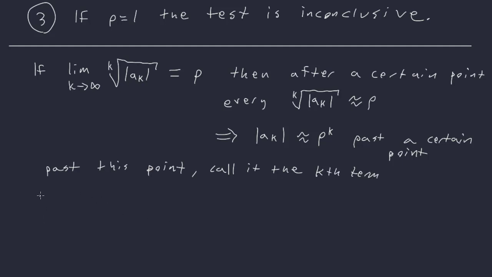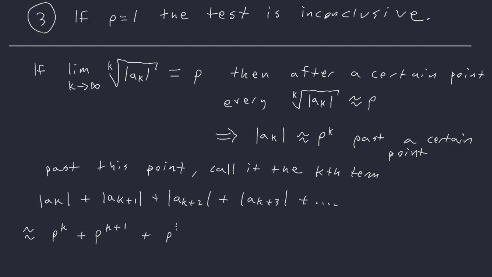We'll have that the absolute value of a sub K plus the absolute value of a sub K plus 1 plus the absolute value of a sub K plus 2 plus the absolute value of a sub K plus 3, on and on and on. Each one of those is approximately, well, from here, rho to the K. So I have rho to the K plus rho to the K plus 1.